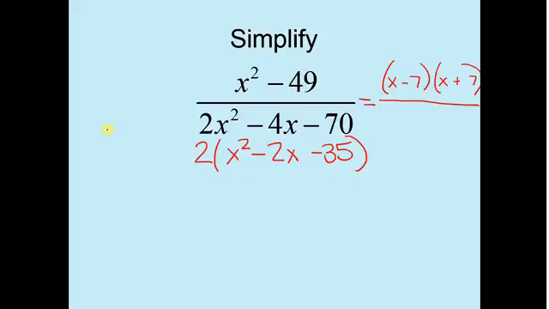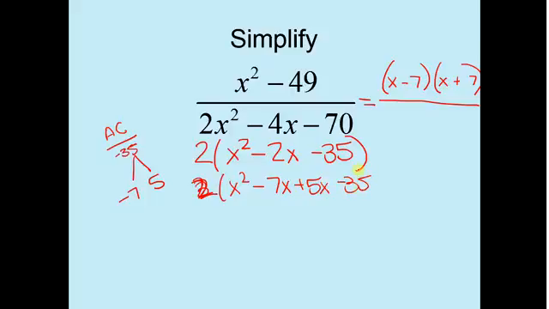Now I got AC of negative 35. What two numbers multiplied give me negative 35 but add together to give me negative 2? Oh, what about a negative 7 and a positive 5? That should get me what I want, right? So I got x squared minus 7x plus 5x minus 35.